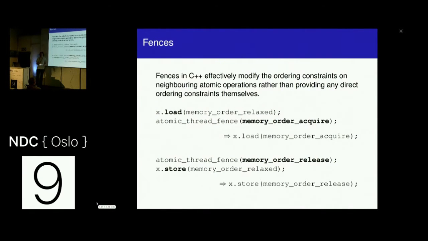Whether the processor generates the same instructions for the two cases, it may or may not. The compiler might decide that if you specify it explicitly with a fence, you will get different instructions. So it's not completely the same, but it can implement it identically if it can see that that's what it's doing. And likewise, if you have a release fence before a relaxed store, then it's equivalent to a memory order release on the store.